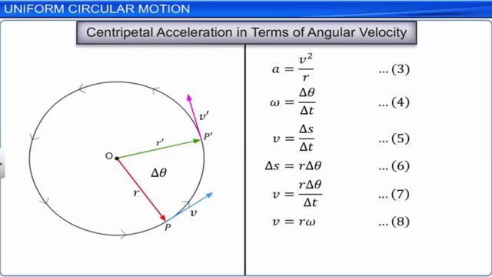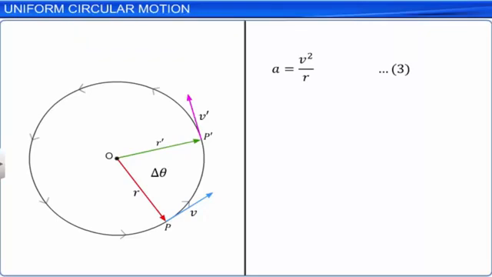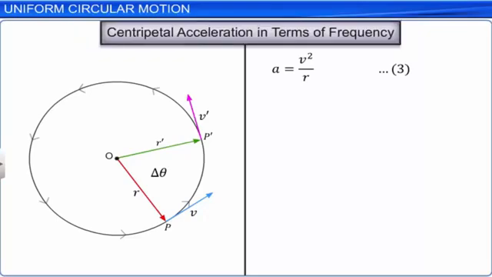Now let us find the centripetal acceleration in terms of frequency. Time taken to make one revolution, that is, time period is t. Frequency f is the number of revolutions in 1 second. Therefore, f is equal to 1 by t.